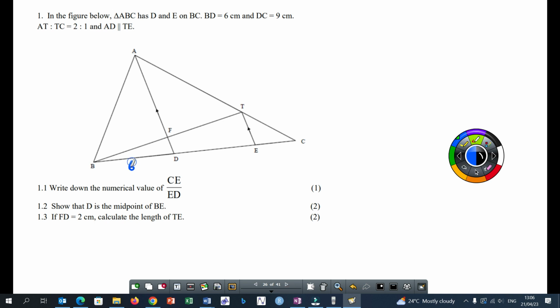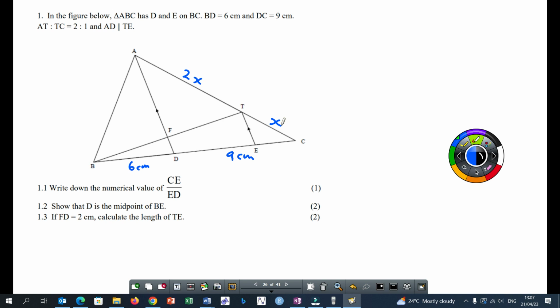So this is 6 centimeters and that's 9 centimeters. Then the ratio of AT to TC is 2:1. So I can call this one 2x, and that one I can call it what? X. Okay? Then we need to determine the numerical value of CE over ED. So we have CE over what? ED.